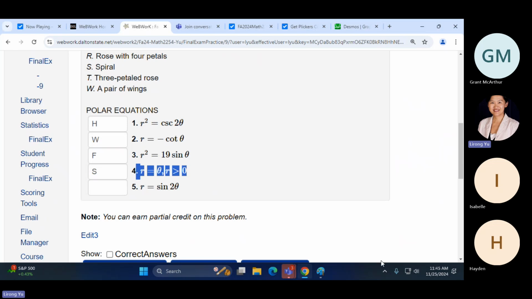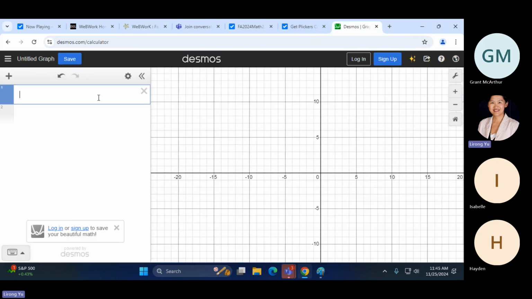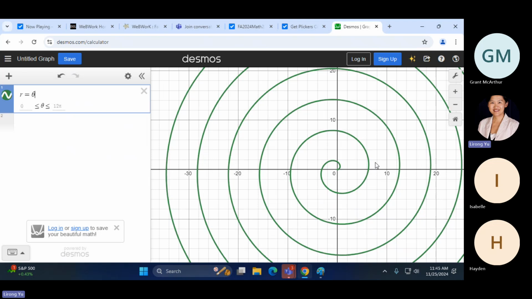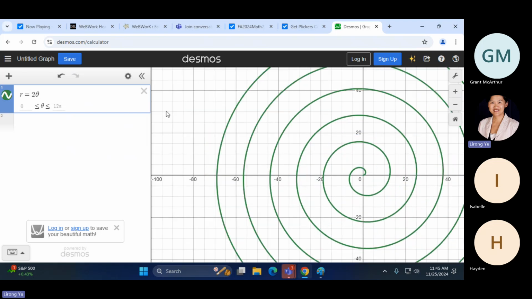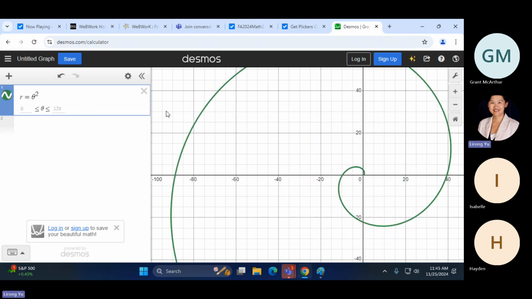That one we knew is a spiral, and we talked about this before for r equals theta. As theta gets bigger and bigger, r gets bigger and bigger. That shows a spiral. Or any other function also, r equal to 2 theta, 3 theta, r equal to theta squared.